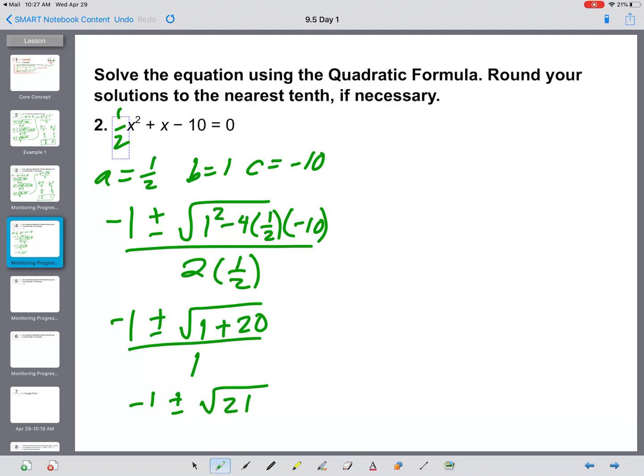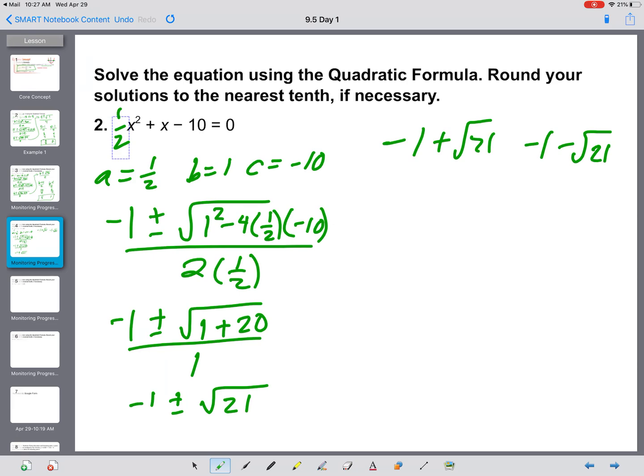So now this is where it gets a little tricky. I need to break this up into two problems. I got negative 1 plus square root of 21 and negative 1 minus square root of 21. So now on my calculator, I'm going to take the square root of 21.